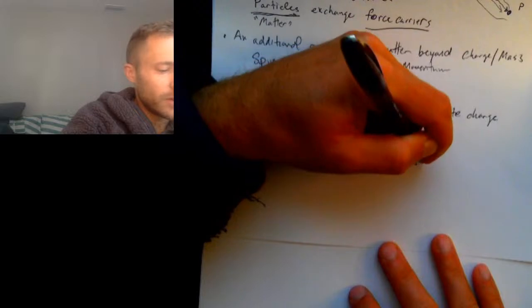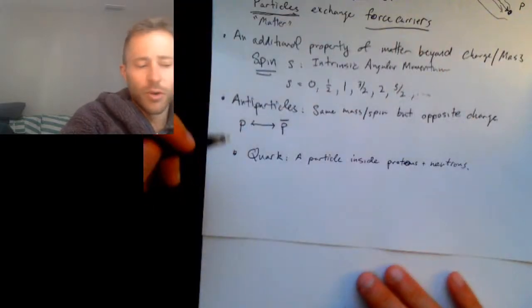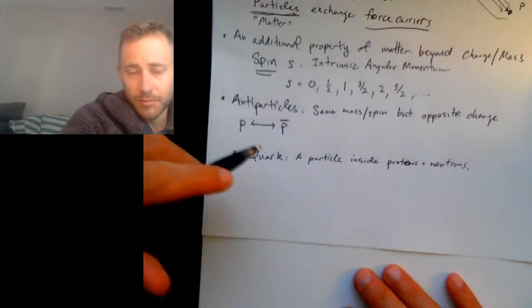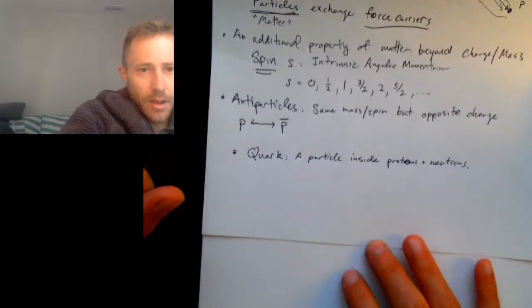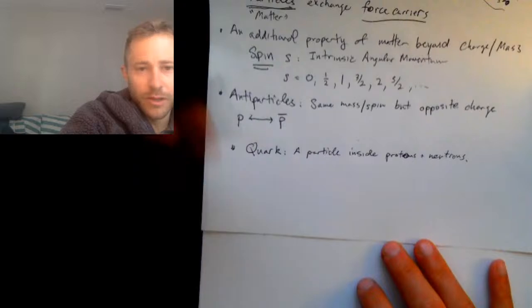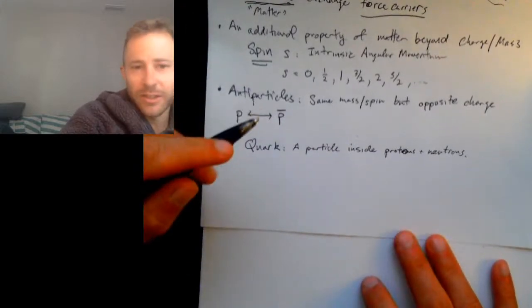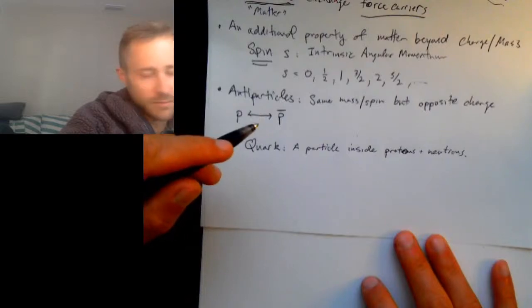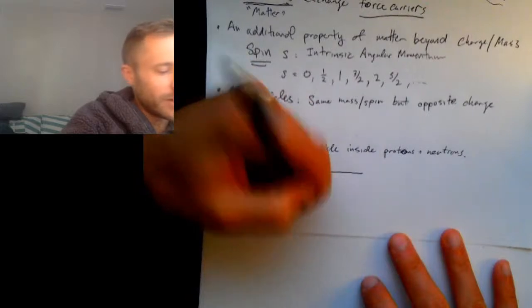So, in other words, protons and neutrons are made up out of quarks. All right? And as far as we can tell, I haven't done the experiments, there are 6 different quarks. Okay? And they have names.